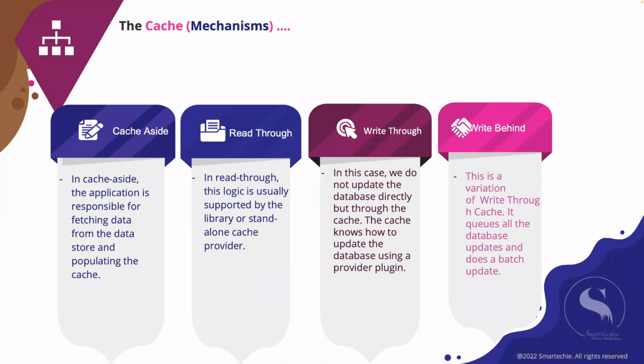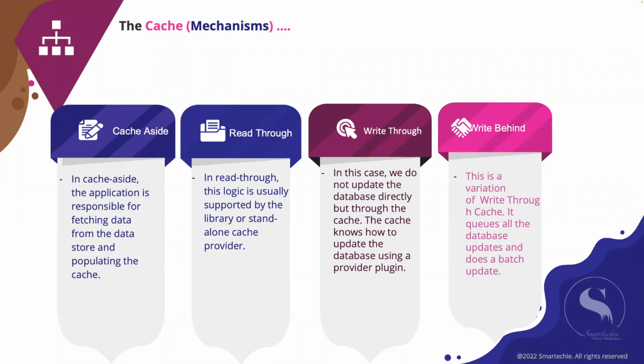The other mechanism is write behind cache. This is a variation of write through cache. What it means is, in the write through cache, the data is written to the cache and then to the database.